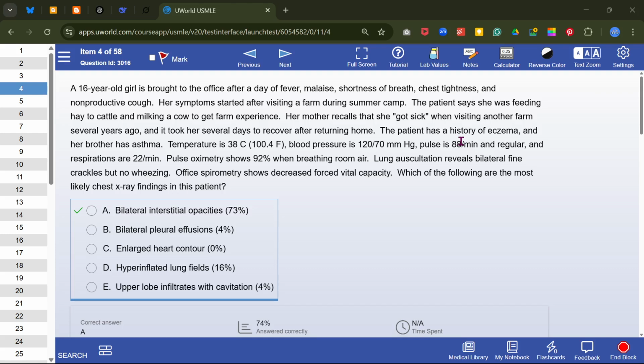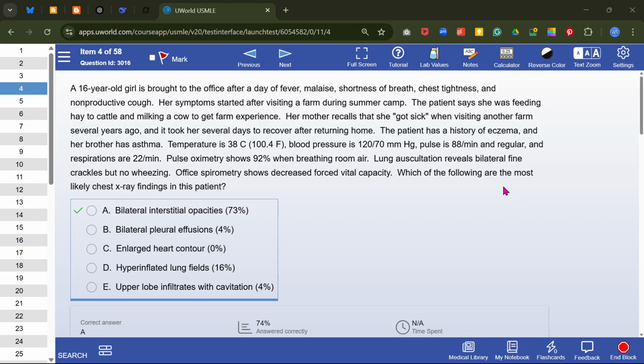The patient has a history of eczema and her brother has asthma. Temperature is 104, so there is high fever, BP normal, pulse normal. Pulse oximeter 92% when breathing room air. Lung auscultation shows bilateral fine crackles. Spirometry shows decreased forced vital capacity, looks like restrictive lungs.